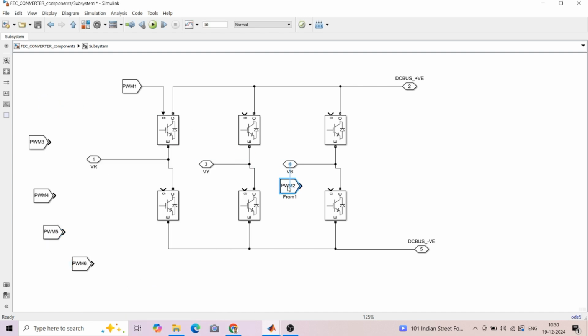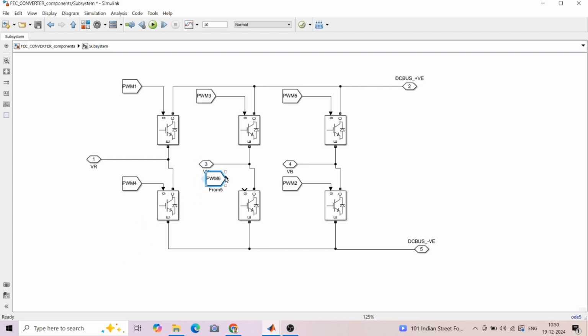So this is switch number 1, this is switch number 2, this is switch 3, this is switch 4, this is switch 5, and this is switch 6. So this completes our VSI or voltage source inverter.